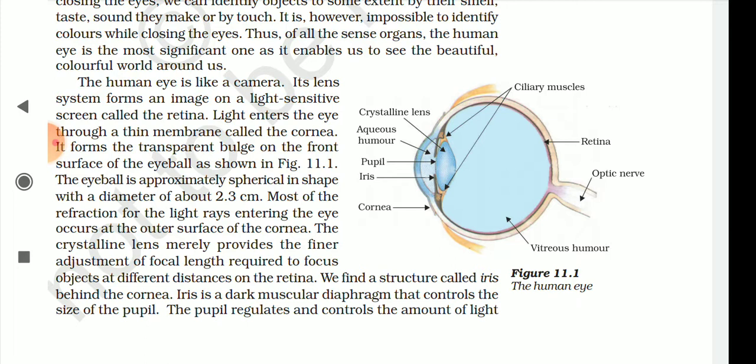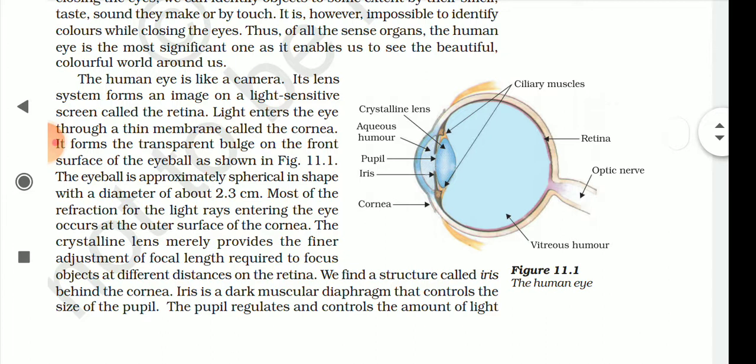As I told you earlier, the average human eye size is always 2.3 centimeter in diameter. So we can see that the whole length of the human eye is always 2.3 centimeter in diameter. You know, the human eye is the only organ in a human body that does not grow from birth to death.